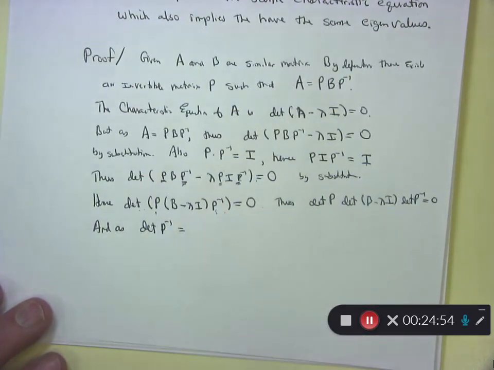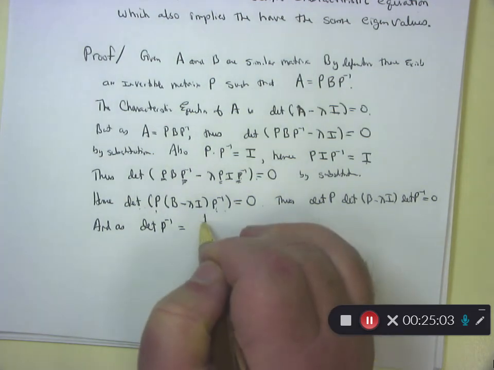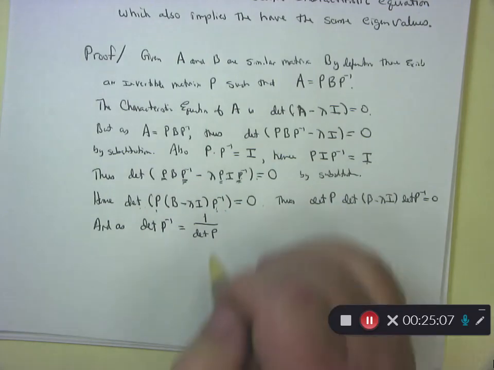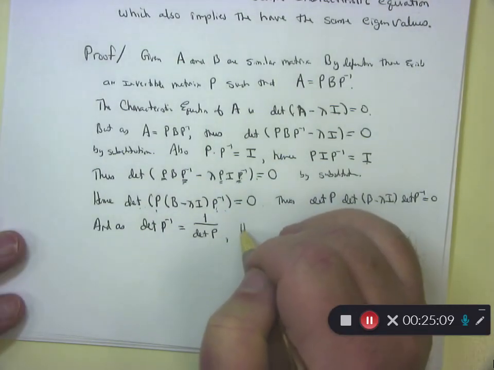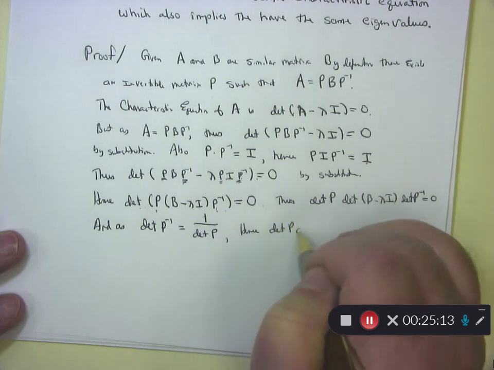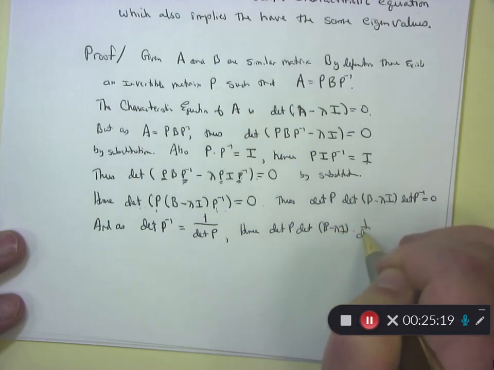This is a formula you need to know about inverses, so coming back to that inverse stuff. What is the determinant of P inverse, also known as? 1 over the determinant of P. Hence, the determinant of P times the determinant of B minus lambda I times 1 over the determinant of P is equal to 0.